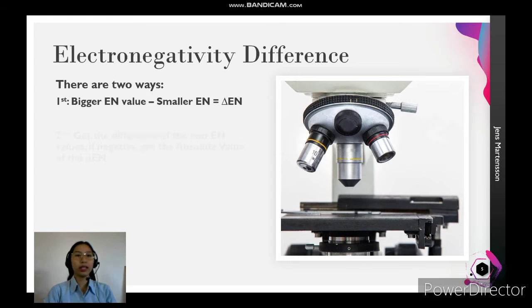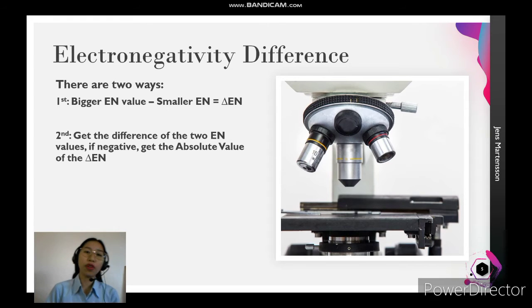Let us tackle the second way of how to get the electronegativity difference, and then after that I will explain how EN difference, or change in EN, can be used in determining whether a molecule is polar or non-polar. So a second way is get the difference of the two EN values. So walay kaso kung ang mauna is gamay or ang mauna is dako.